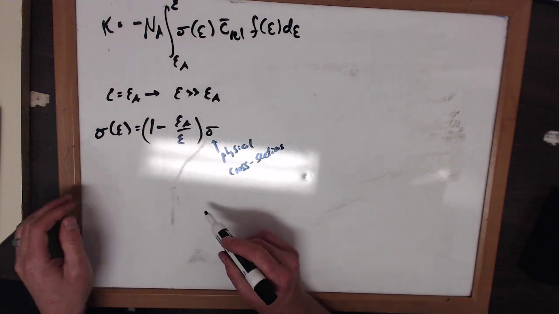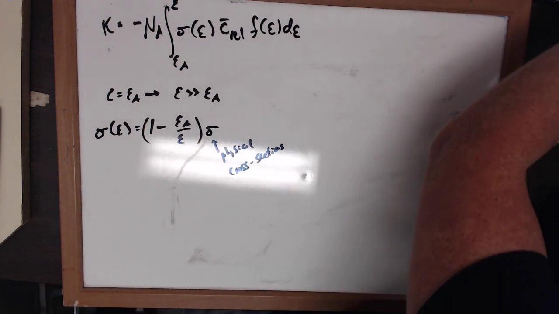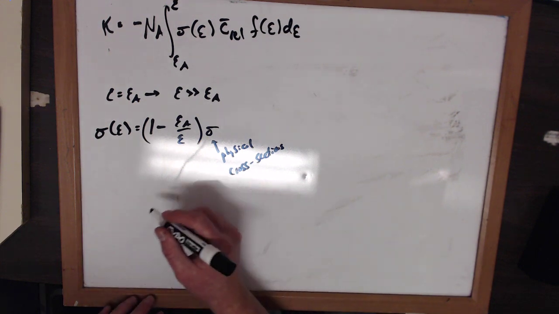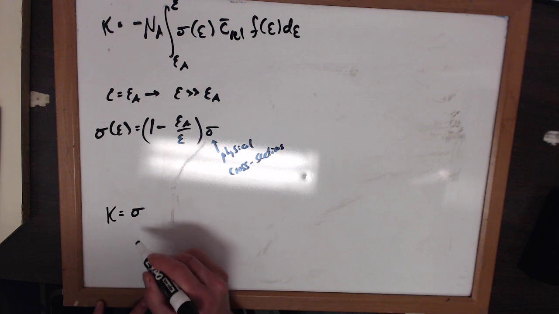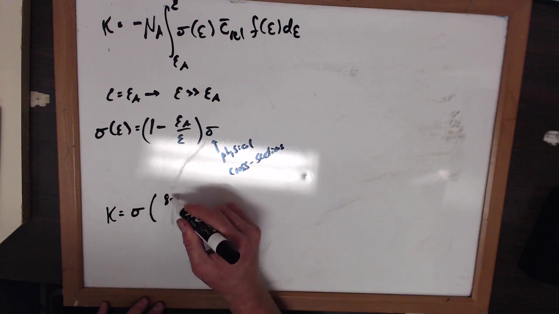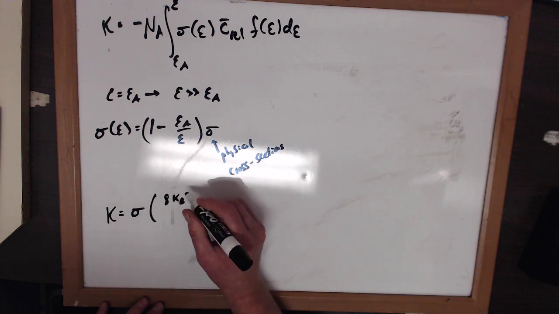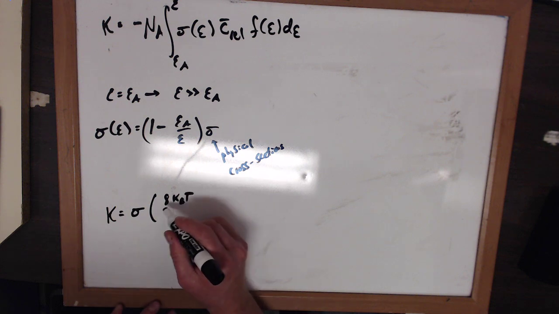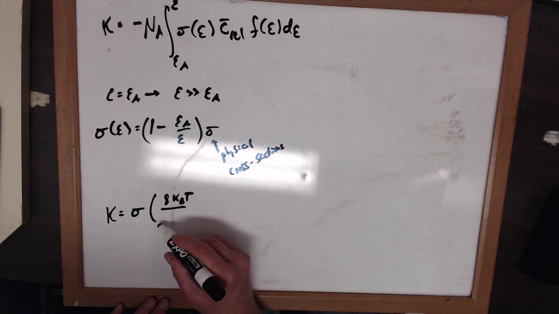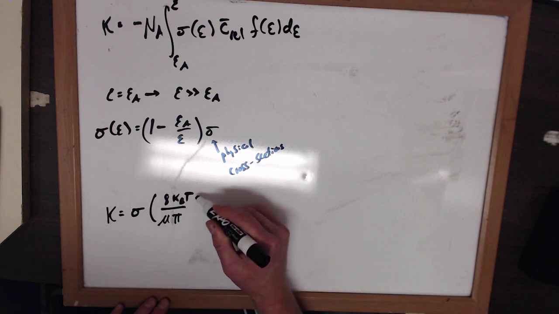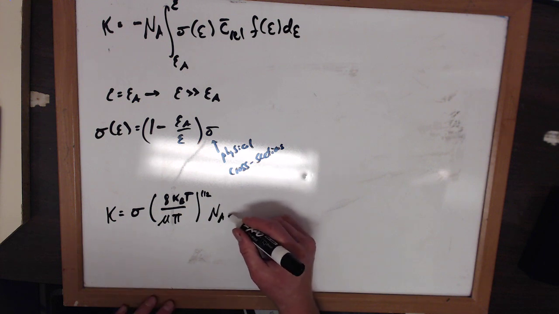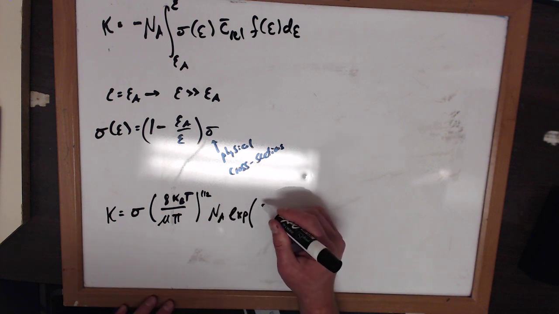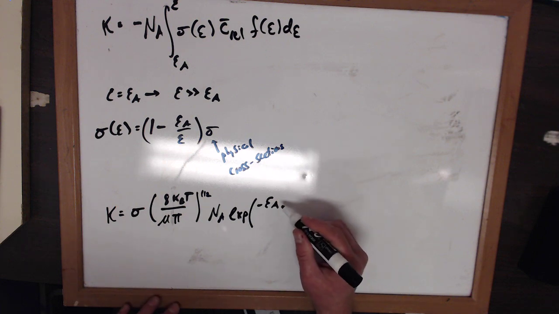And when we apply this integral and solve it, we come up with the following expression: k equals sigma, the physical cross-section, times 8 kBT, all divided by mu pi to the 1/2, times Avogadro's number, times the exponential of negative EA divided by kBT.